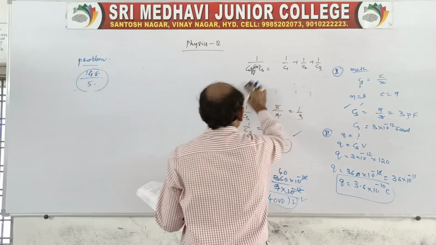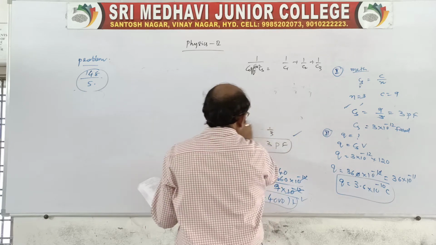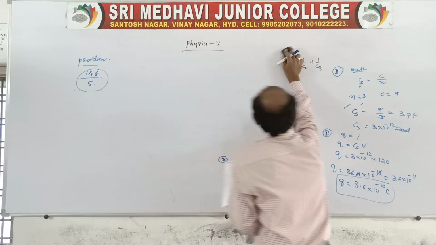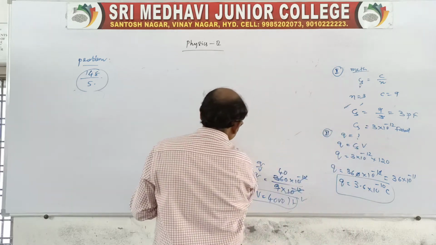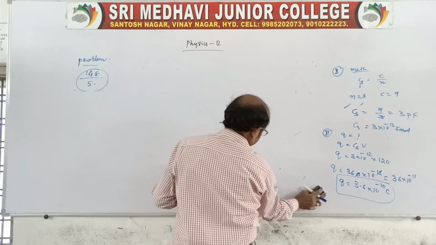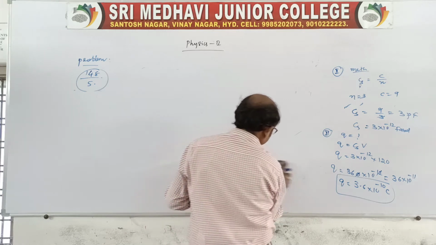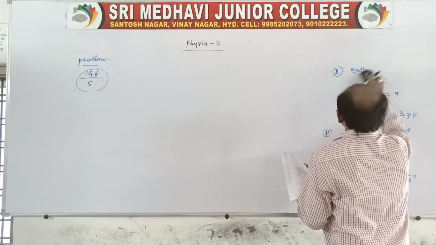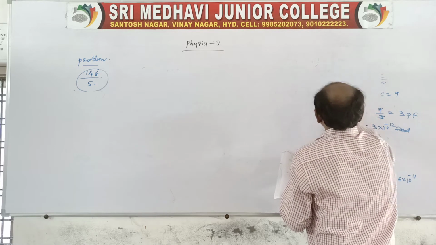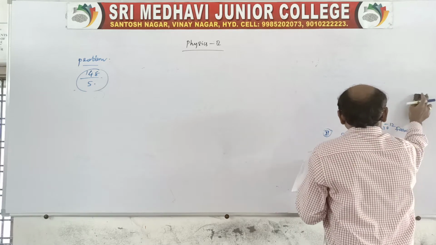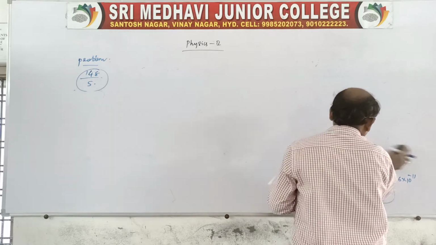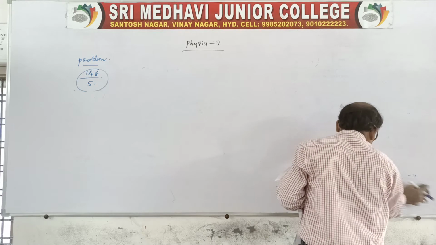That's what I am telling you: from this chapter, compulsory 4 marks will come, either a problem or a question and answer. Sometimes he may ask a 2 marks question on the basis of series and parallel combinations, like a problem. So go through it and refer to it. The problems are very, very important for 2 marks or 4 marks.